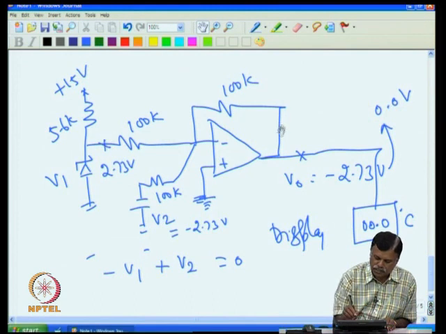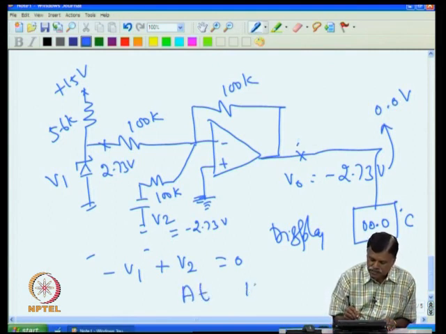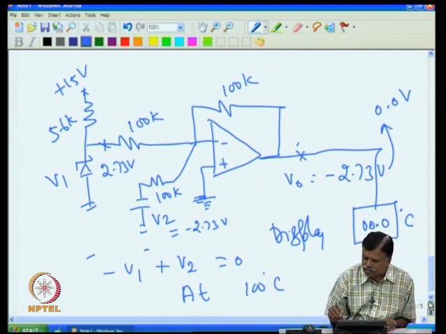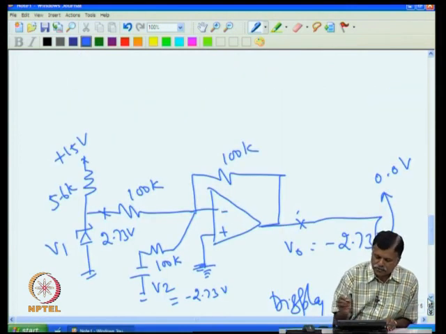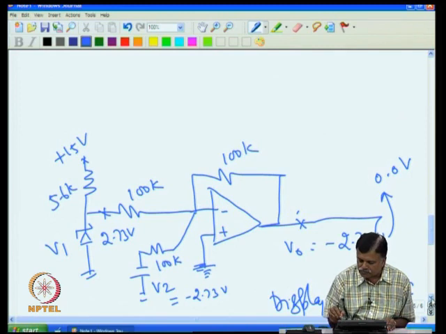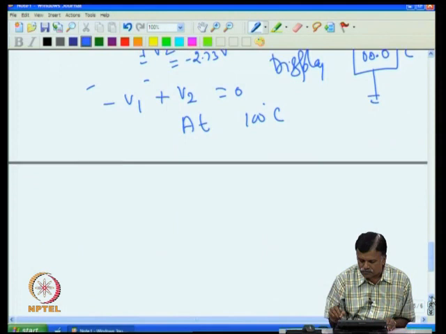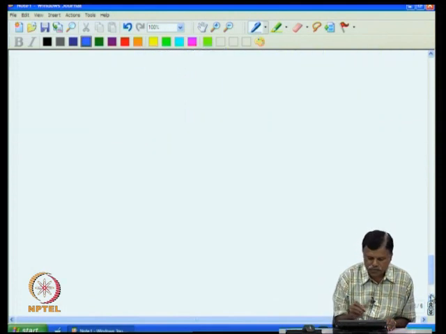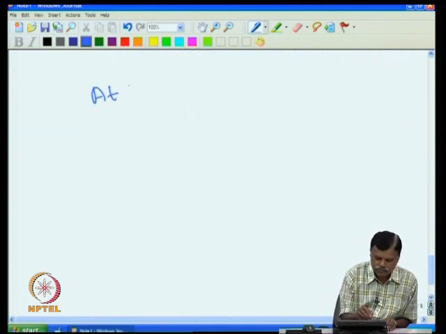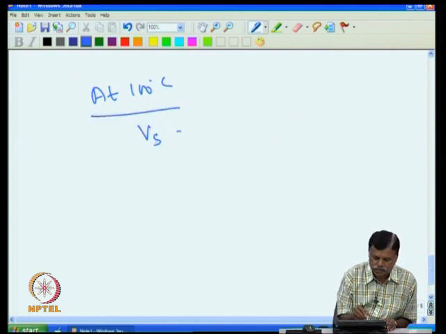That means if we see the output due to V1, at 100 degree C, the sensor will be 3.73 volt.